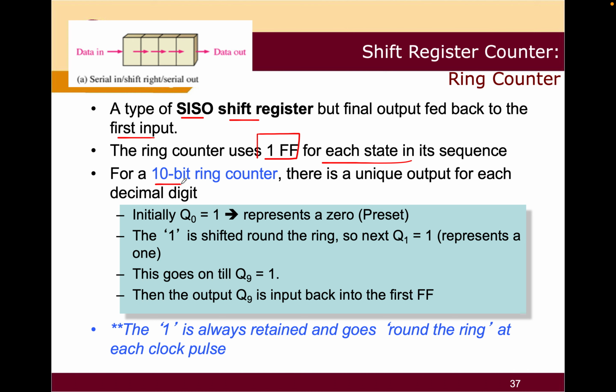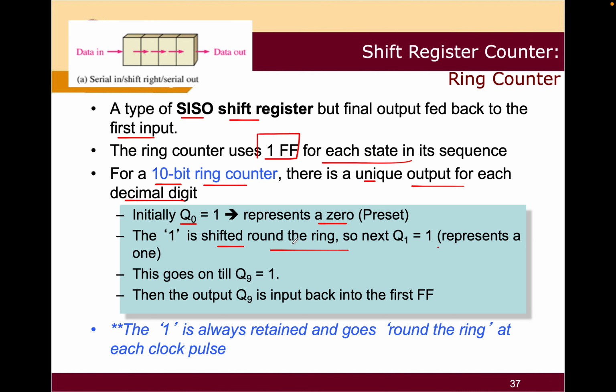For a 10-bit ring counter, there is a unique output for each decimal digit. Initially, let's say Q0 is equal to 1, representing 0 after preset.